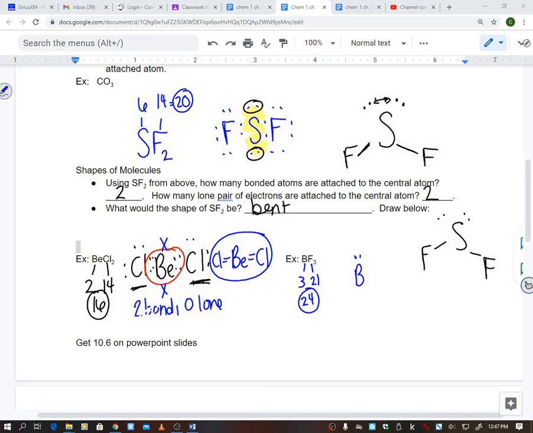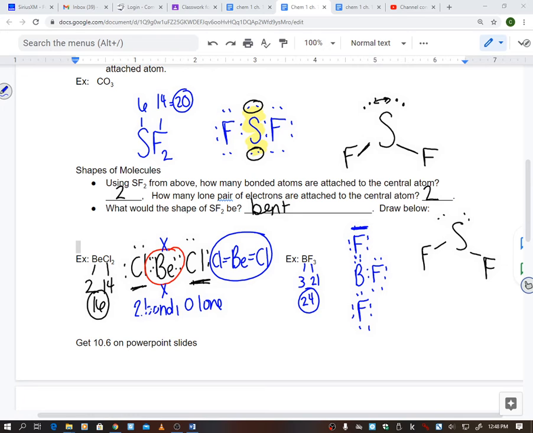I'm going to attach my 3 fluorines. Now, it doesn't matter where you attach them as long as it's around the boron. So there's 6, 7, 8, 9, 10, 11, 12, 13, 14, 15, 16, 17, 18, 19, 20, 21, 22, 23, 24. So I'm going to have to take from a stable and share.